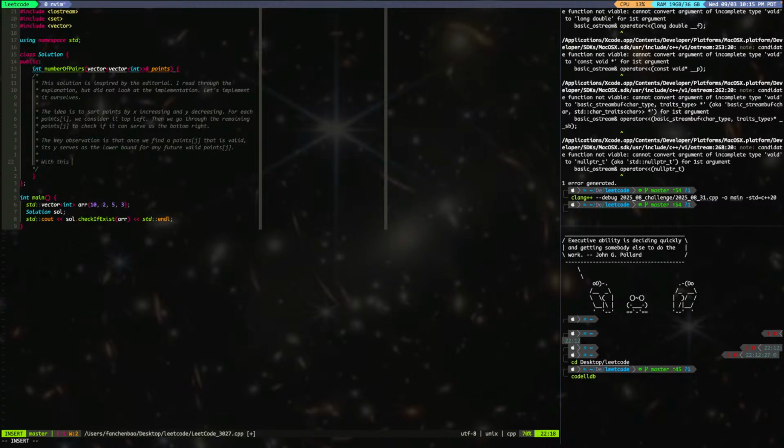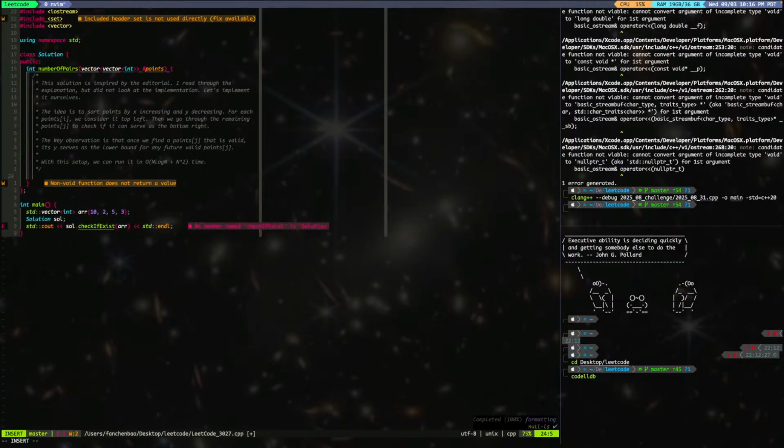With this setup, we can run it in O(n log n) plus n squared time.